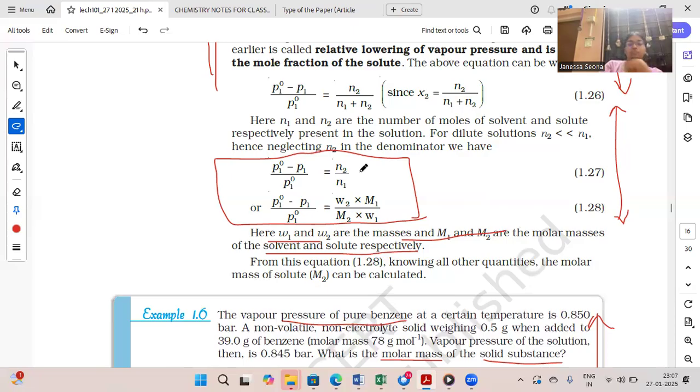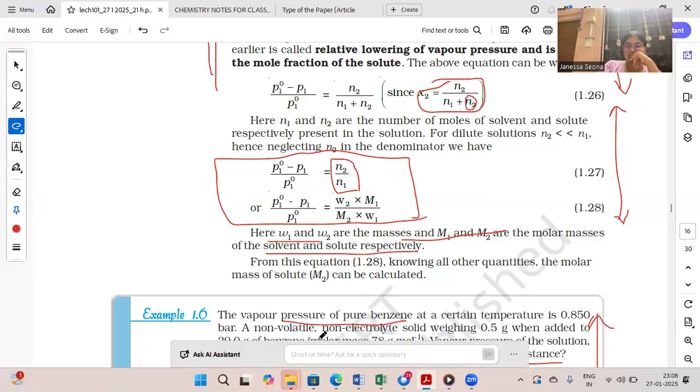And in most of the cases, it so happens that N2 is so small that it can be neglected in the denominator, and you will end up with N2 by N1. What I mean to say is N2 can be neglected relative to N1.